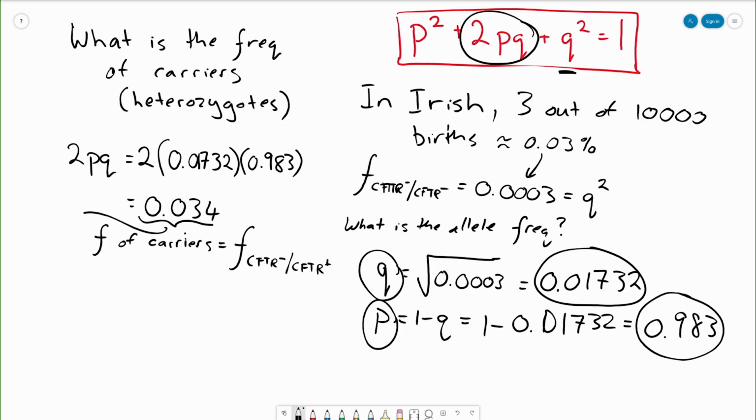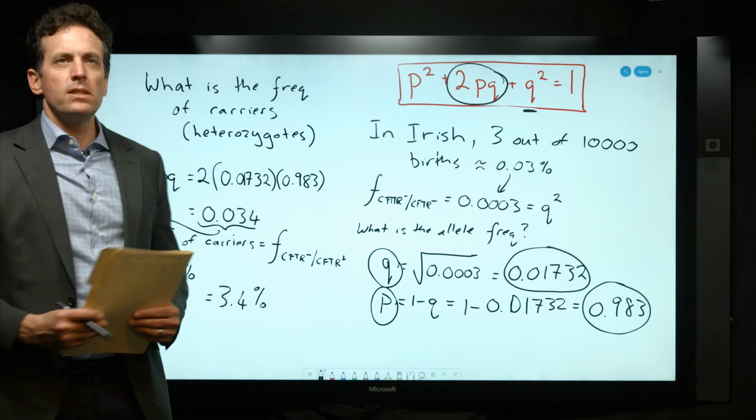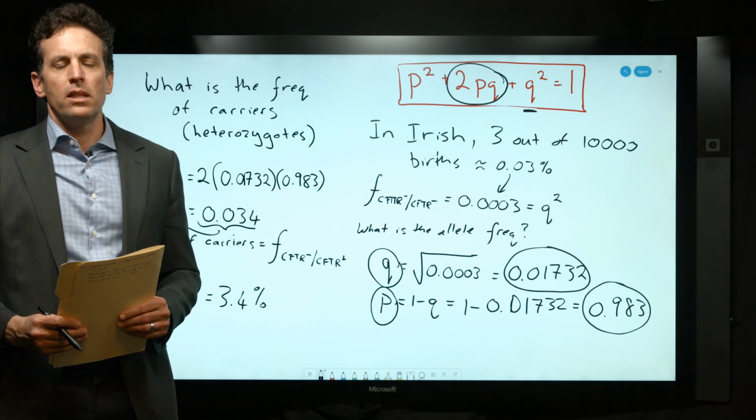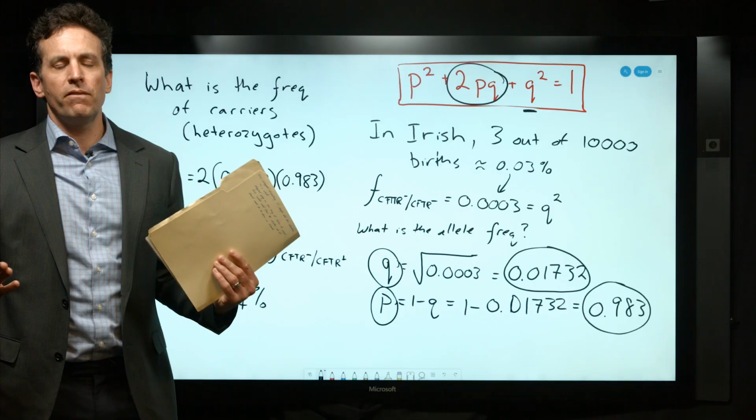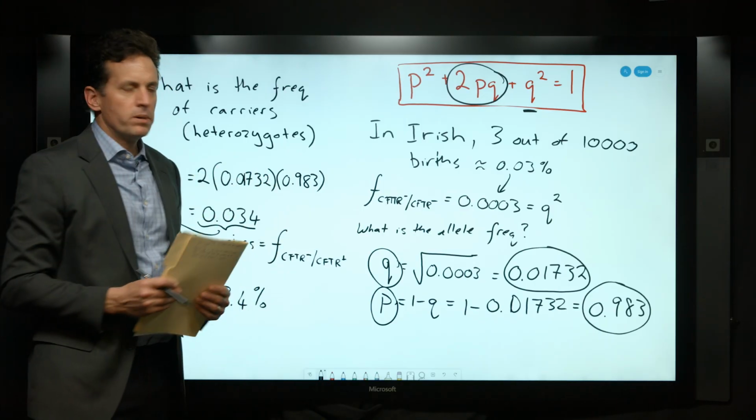If we want to get it to a percent, we can multiply by 100%, which is equal to 3.4%. And so what this tells us, given the allele frequencies in the population, is that the frequency of carriers in the Irish population is 3.4%.